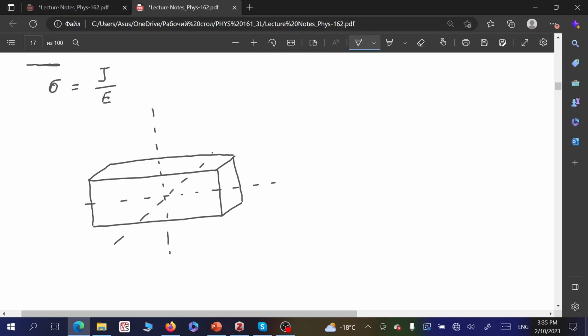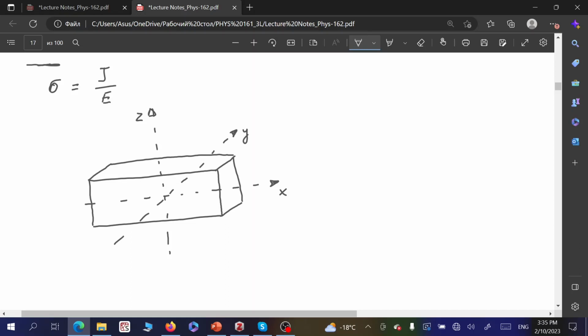conductor and some three-dimensional sample. We have X, Y, and Z directions.